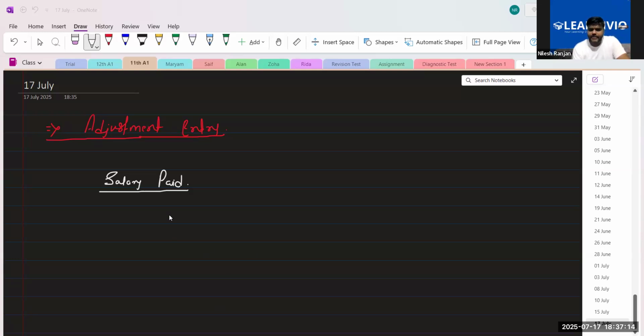It is simply salary account debit to cash. In the beginning, you said cash account debit to salary. Salary is an expense. So expenses are written on the debit side and cash is going from the business. That's why cash will be on the credit side.